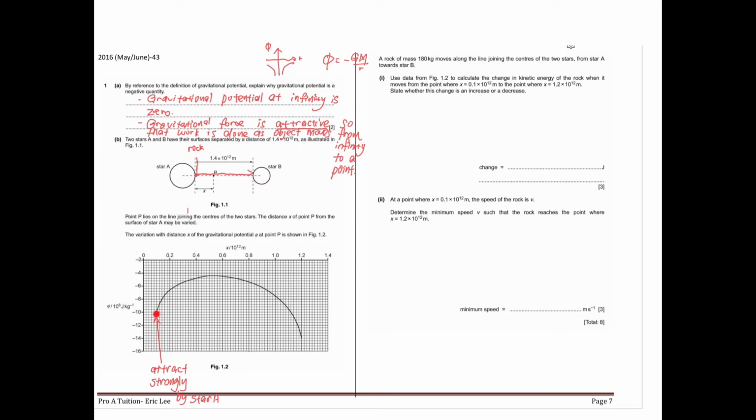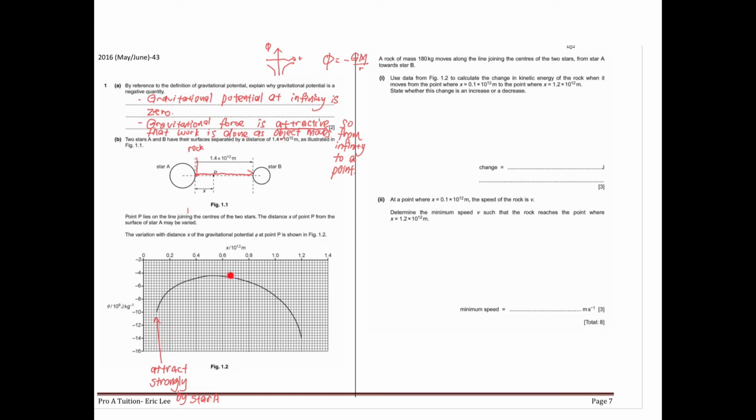Based on the graph, the attraction is getting weaker and weaker as the rock moves further and further away from star A. It has the weakest attraction somewhere around here, in terms of figure 1.1, a point that is far away from star A and far away from star B as well, so the attraction is the weakest as shown here.